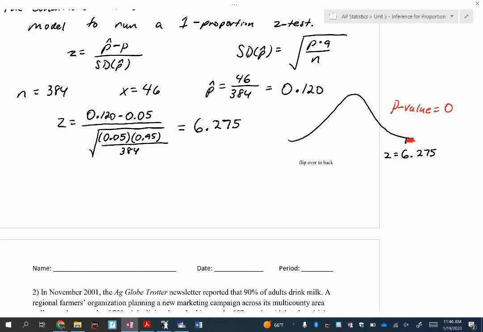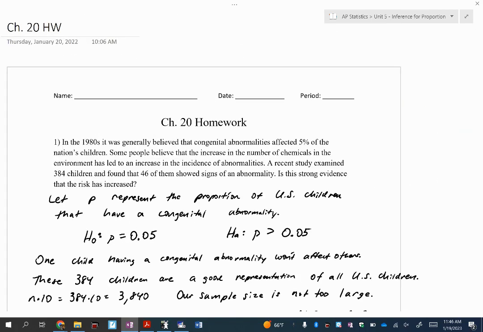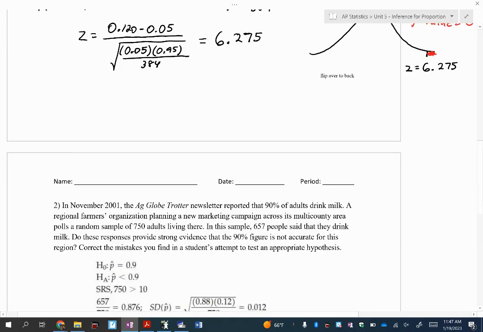All right. So since that probably will never happen, what's more likely is that this 5% is wrong. And it's actually something over 5%. So that's what we're going to write for our conclusion.